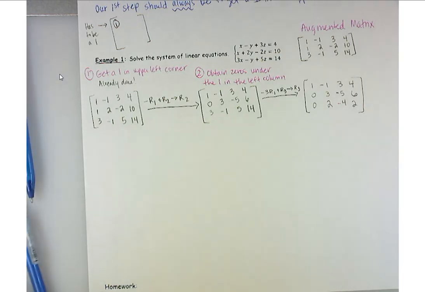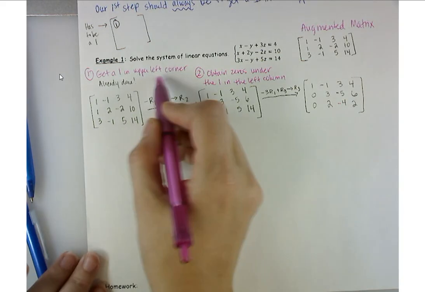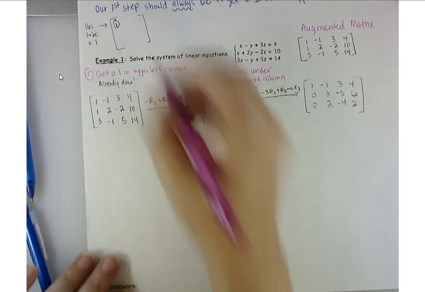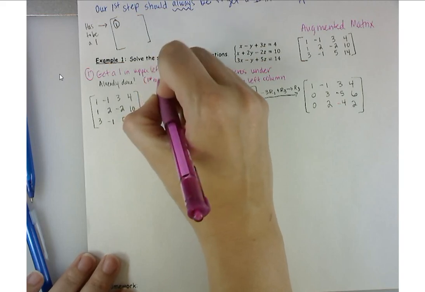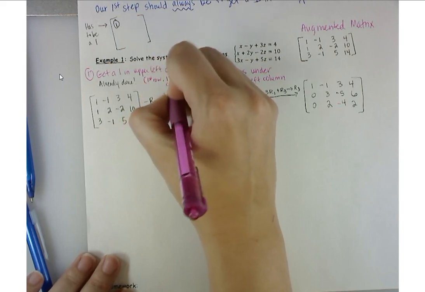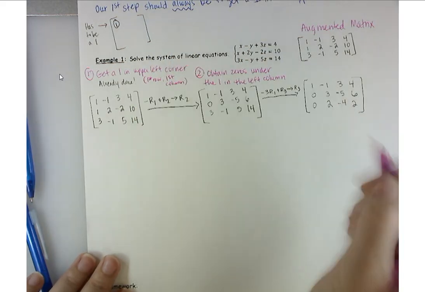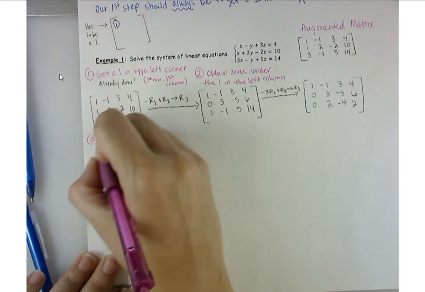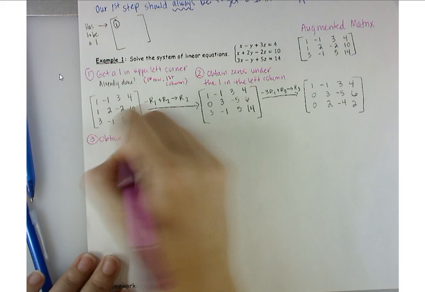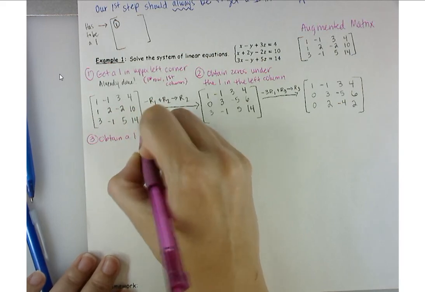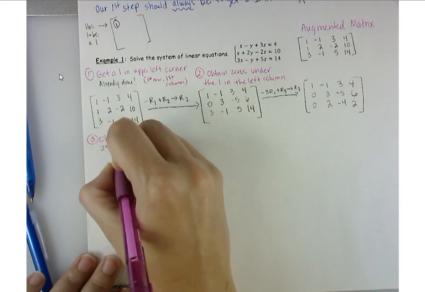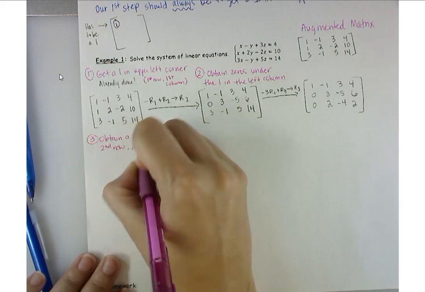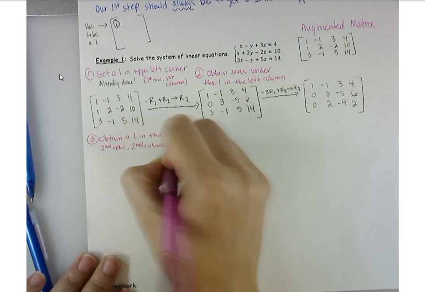Now what we're going to do is obtain a 1. So in the upper left-hand corner is the first row and the first column. Now what we're going to do is obtain a 1 in the second row and the second column.